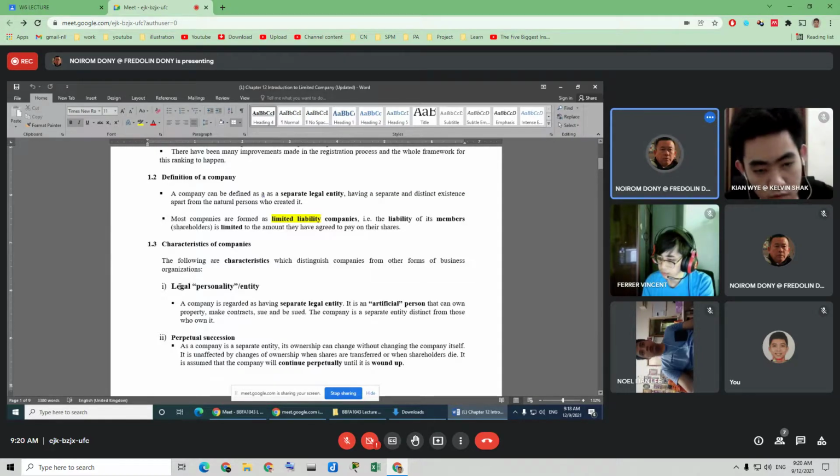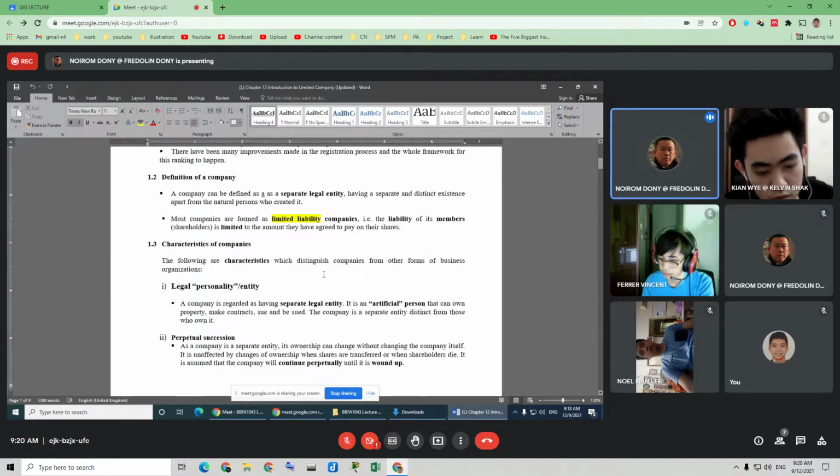That is the meaning of legal personality: it is considered as a person. A company is regarded as having a separate legal entity. It is an artificial person that can own property, can make contracts, can sue, and can be sued. The company is a separate entity distinct from those who own it. That is the first one.